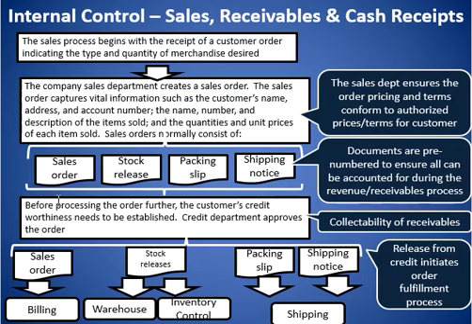What's important to note here is that this is an example of a document flowchart for sales receivables and cash receipts. For 100 different people, there are 100 different ways of creating these document flowcharts. So not every document flowchart is the same.